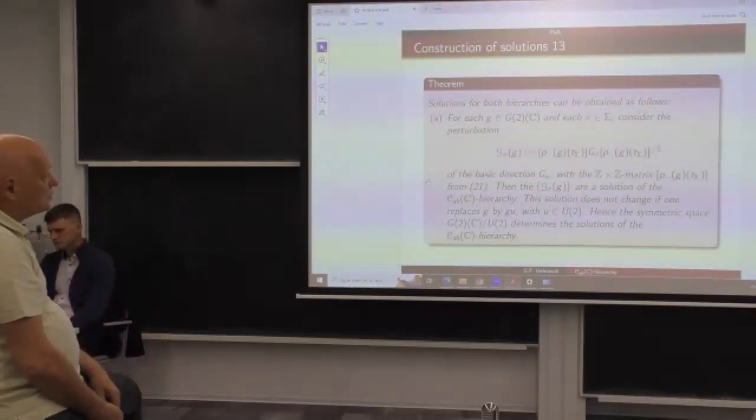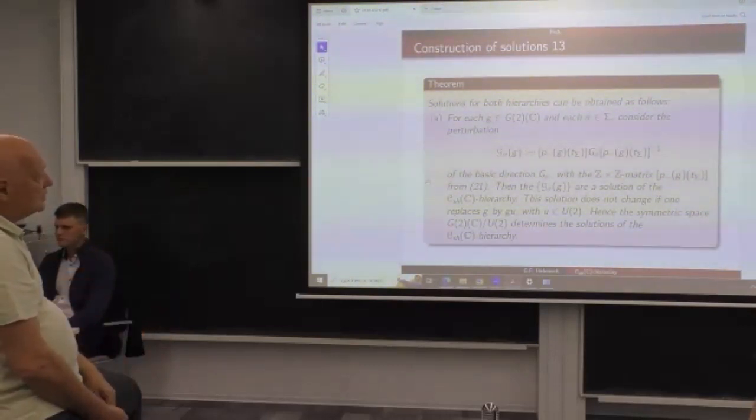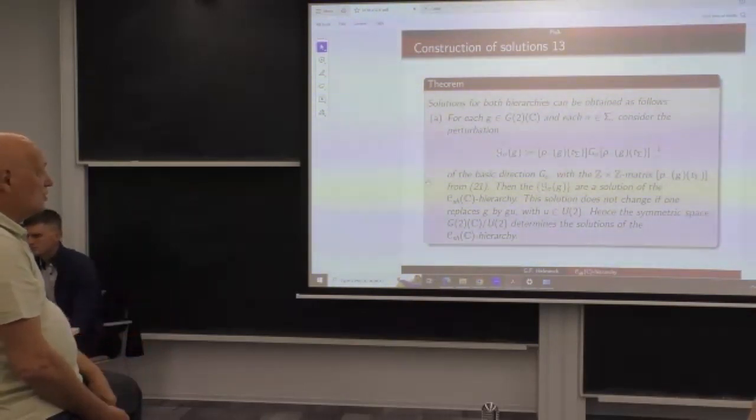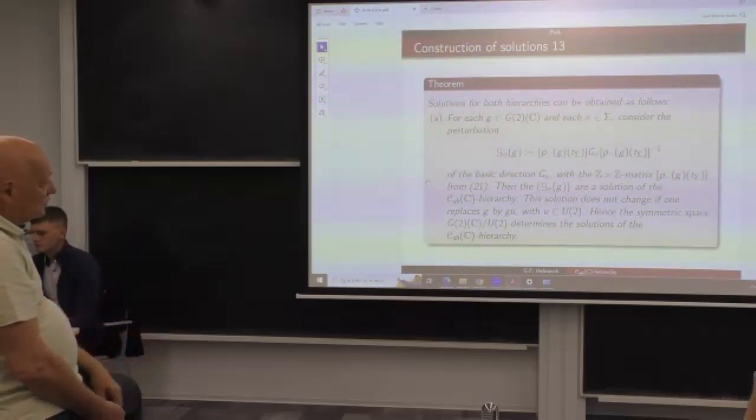Now, that's formulated in this. You have an element from the group G2C. If you conjugate with this element P minus G, you get a solution of the hierarchy, and the solution doesn't change if you replace G by GU. And the symmetric space G2C modulo U2 determines the solution of the hierarchy.